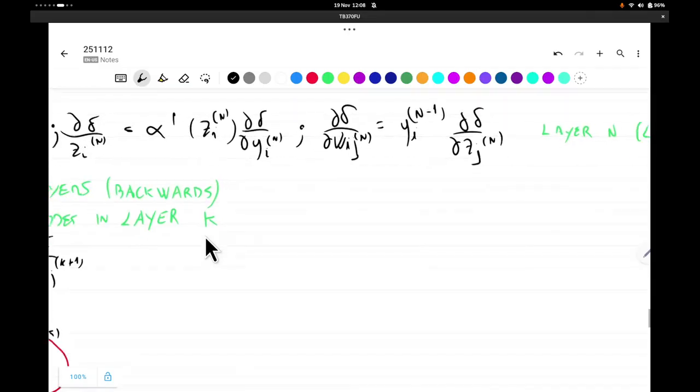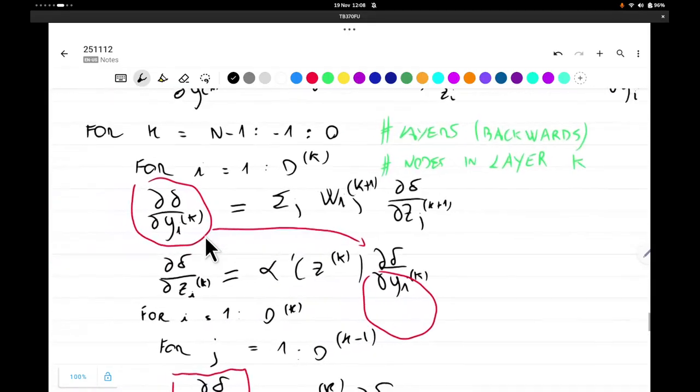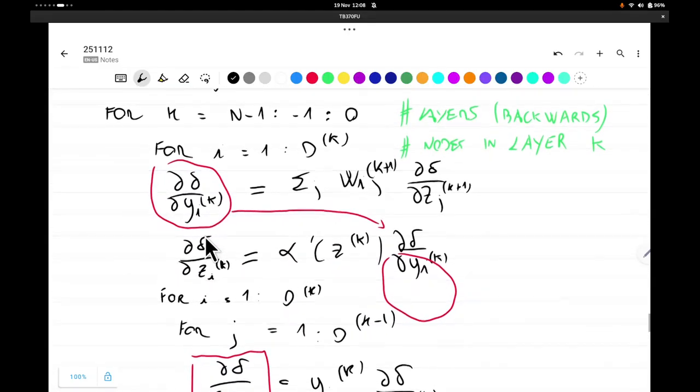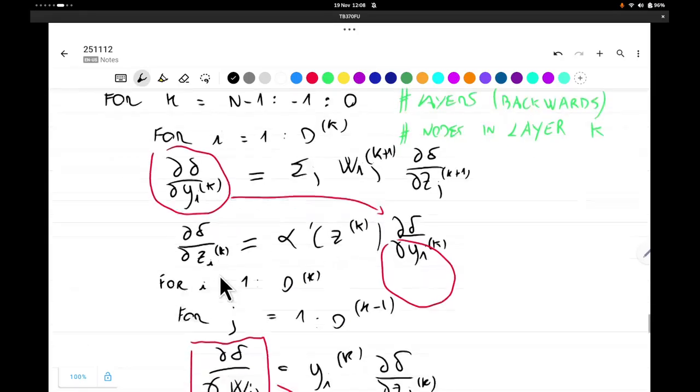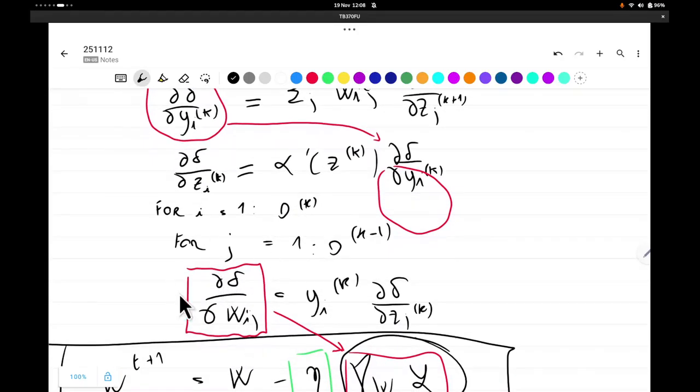So we have all the values stored properly, and then we go back, from the n-1 layer down to the first one, and we go over all the nodes in the layer. We calculate first the derivative with respect to the y's, which we know, then with respect to the z's, and once we know that, we go over all the weights.